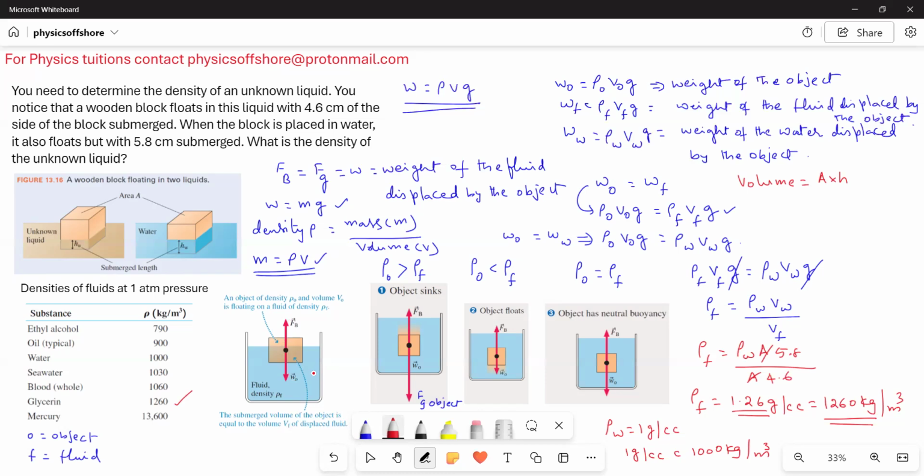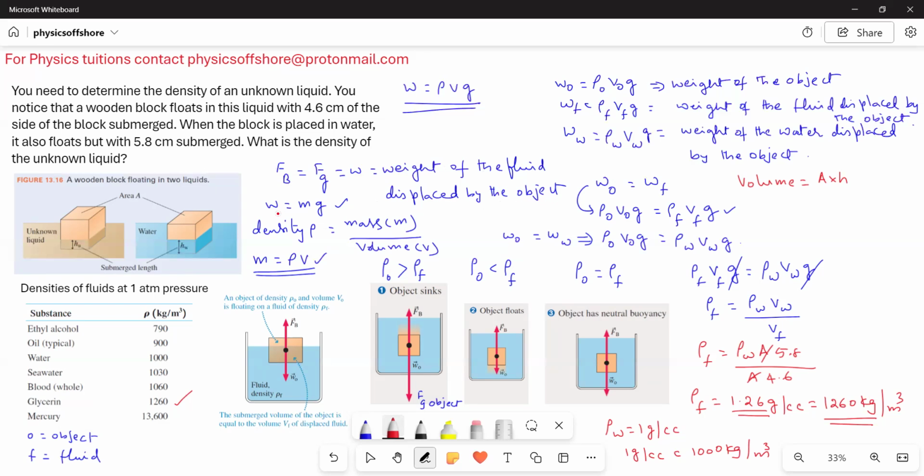Whenever an object is partially or completely submerged in a fluid, the buoyant force exerted by the fluid is equal to the weight of the fluid displaced by the object. This is the Archimedes principle. So FB is equal to Fg is equal to W, where W is the weight of the fluid displaced by the object.